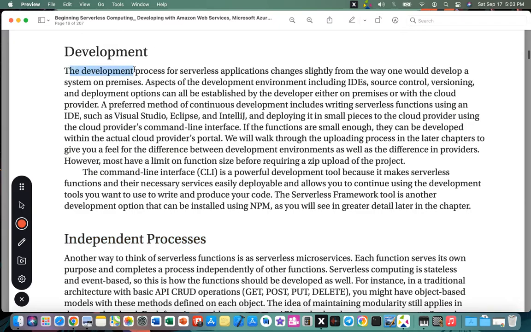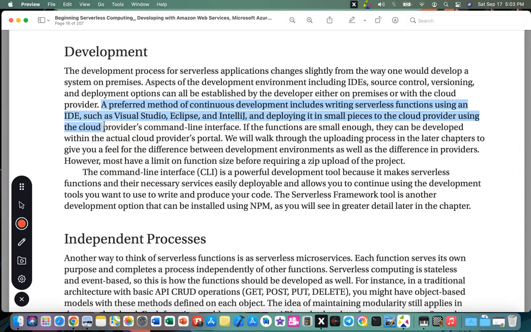The development process for serverless applications changes slightly from the way one would develop a system on premises. Aspects of the development environment, including IDE, source control, versioning, and deploying options, can all be established by the developer, either on premises or with the cloud provider. So the developer does all that.